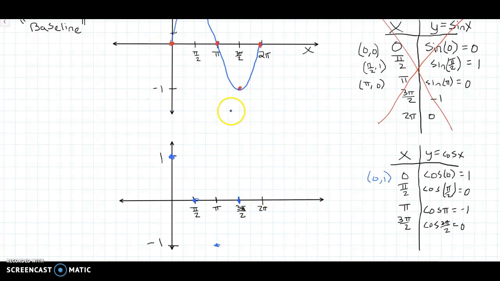Now let's go to 2 pi, and cosine of 2 pi is 1. So here we are, and once again let's do, as best we can, a nice smooth curve connecting our points, and there we go. We're making cosine look like that. This is the graph of cosine.